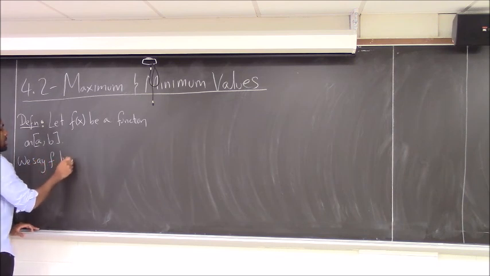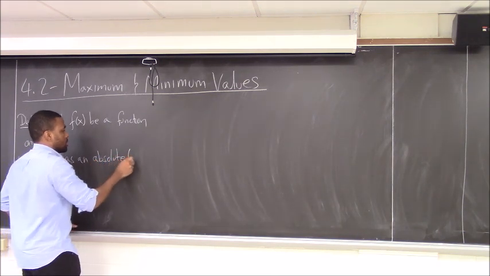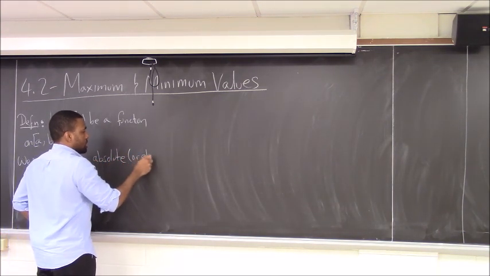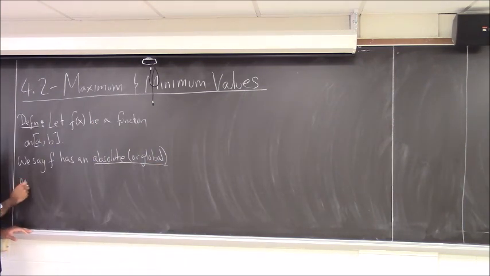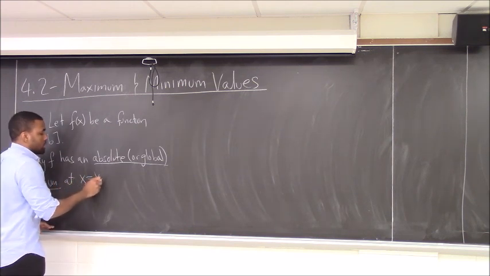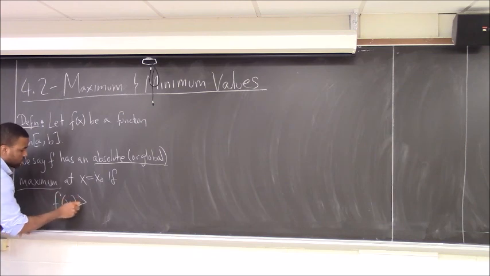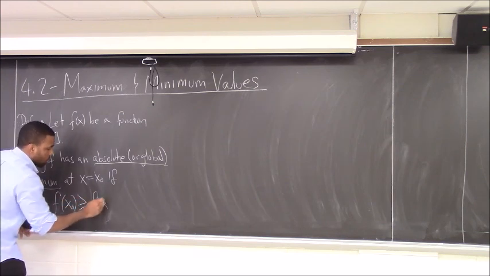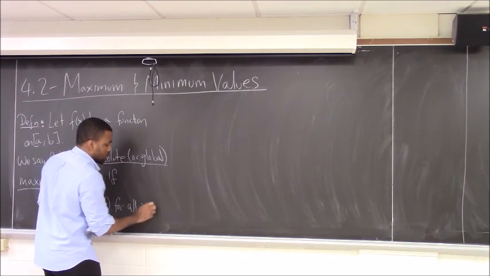We say f has an absolute, another word you might see is global, maximum, or you say it attains a global maximum at x equals x naught if at that point the function is greater than or equal to all other y values in that interval.